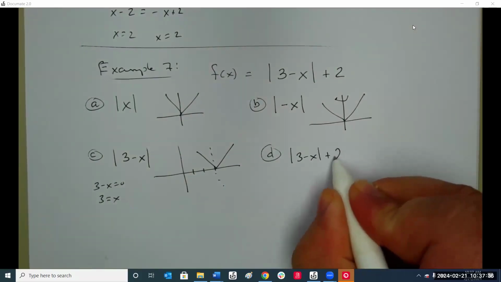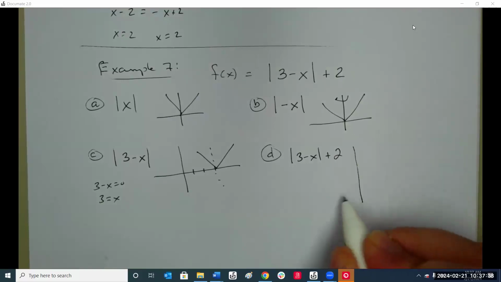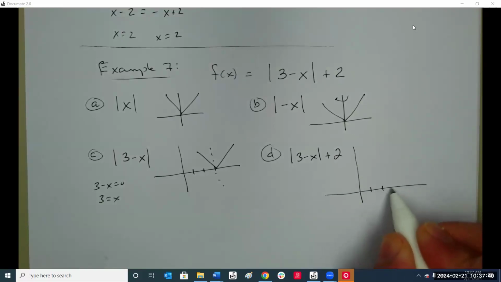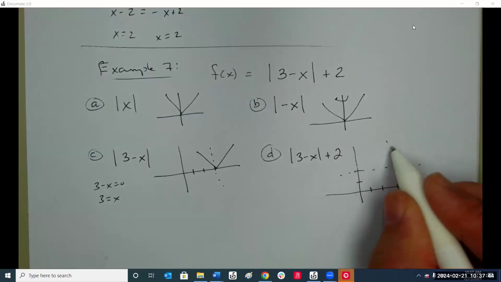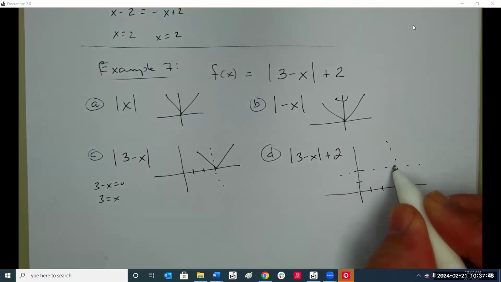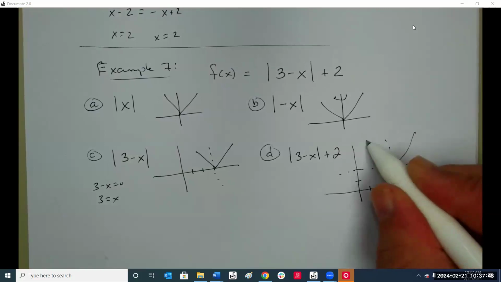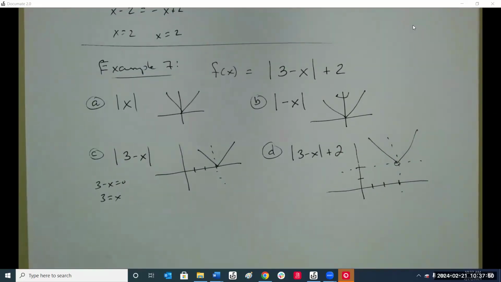I go up 2 from that point. So I go 3 to the right and up 2. So there's my new origin and there's my new graph. So that's reflections about the y-axis.